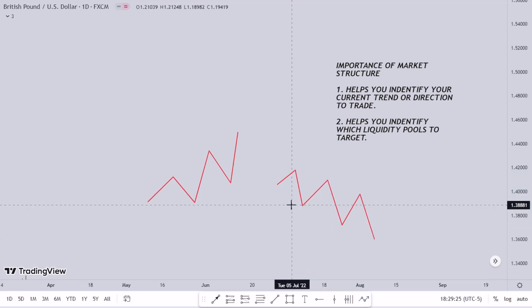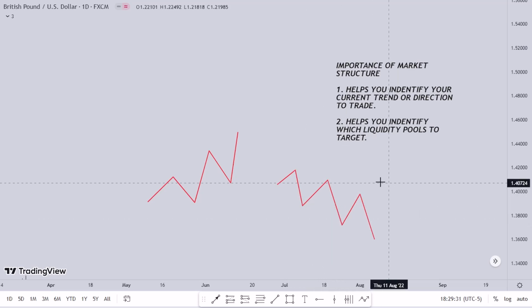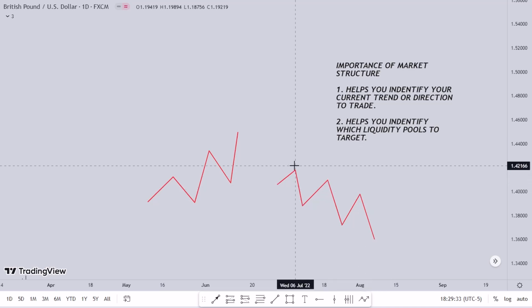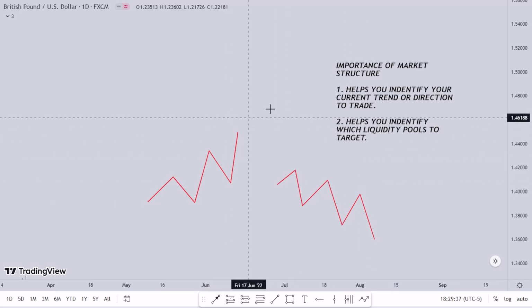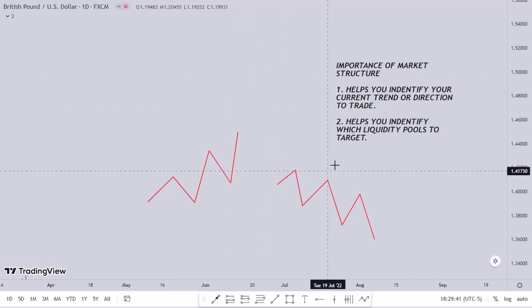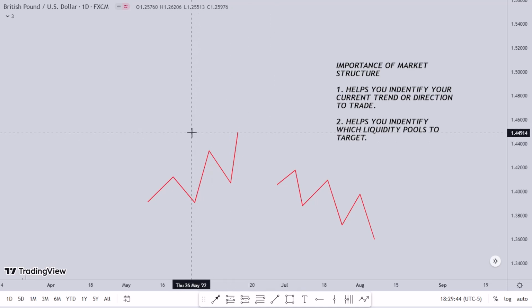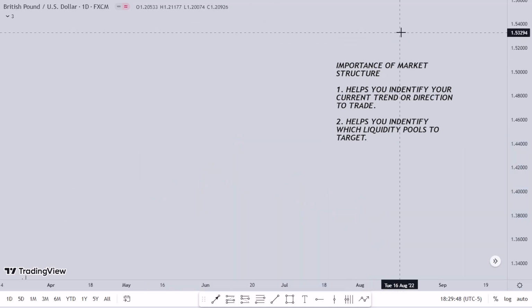Selling, and our target is the lows, because sustainably we are taking liquidity off the lows and the highs are protected. So we want to be trading with the trend, and it helps us to identify which liquidity pools to target. So that's two importance of market structure.